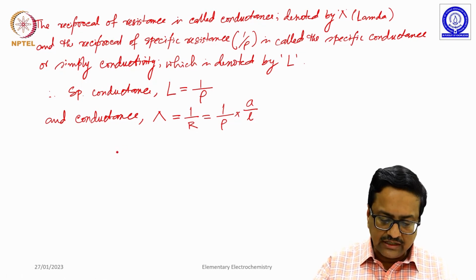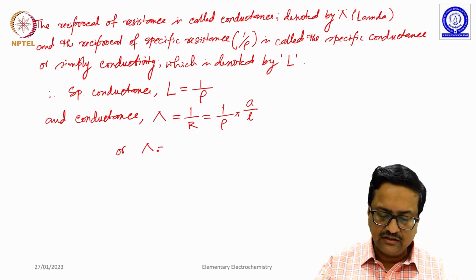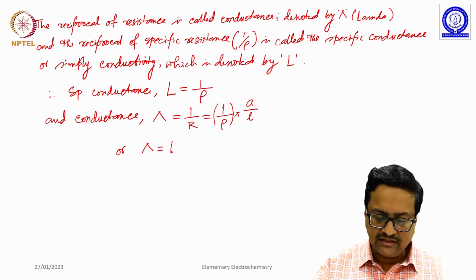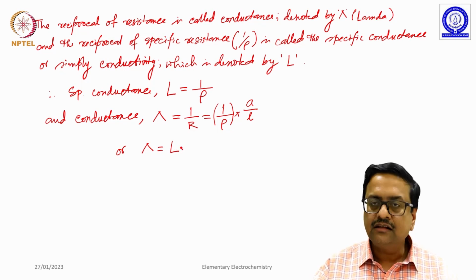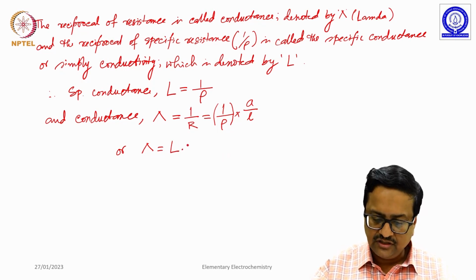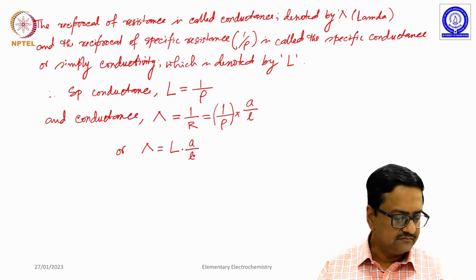So, now one can further write lambda equal to, replacing 1 by rho by capital L, the conductivity or specific conductance, multiplied by A by l.